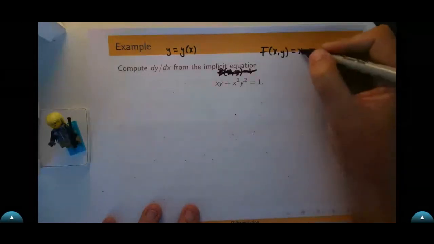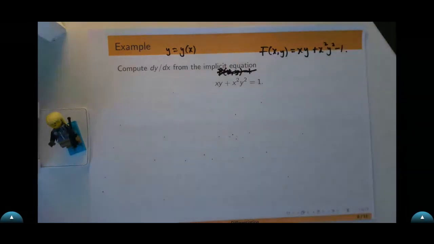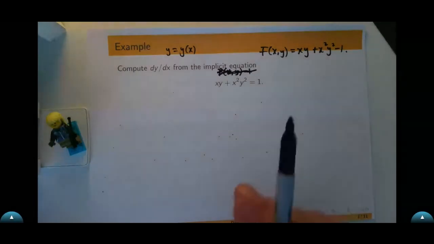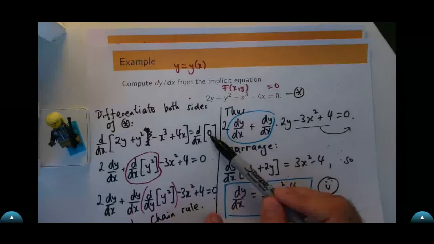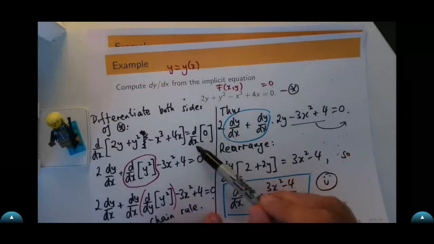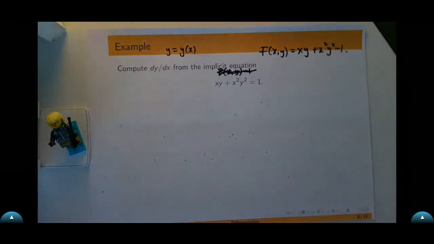You can think of this as your function here. Okay. The constant over here doesn't really matter, because when you're differentiating both sides, you know, if it's 0 or 1 or whatever, it's still going to go to 0 when you differentiate it. So don't be too worried by the constant over here.